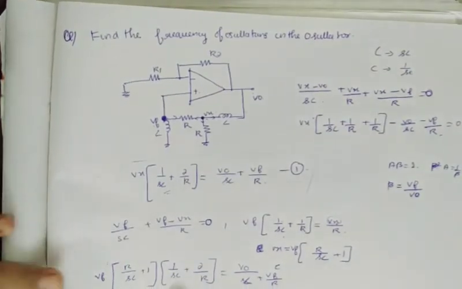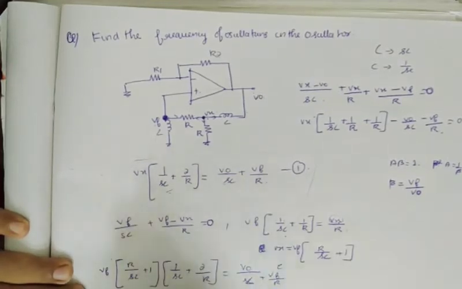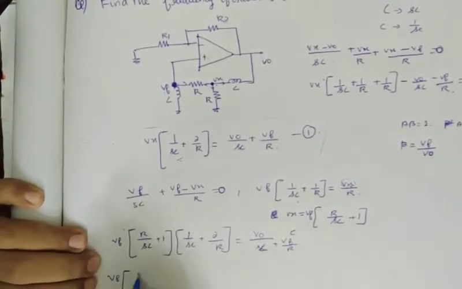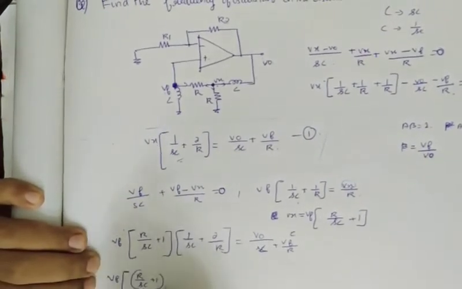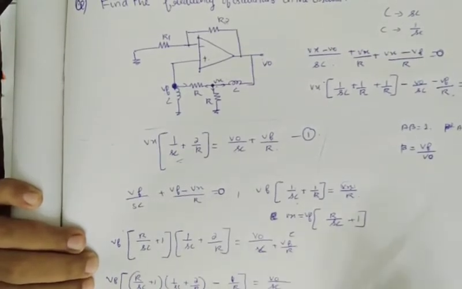And now we have to solve all this. I'll take Vf terms together. So we'll get R divided by SL plus R into 1 divided by SC plus 2 by R minus 1 divided by R equal to V0 divided by SL. Okay. And I will open the bracket.